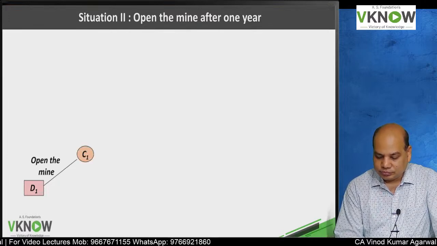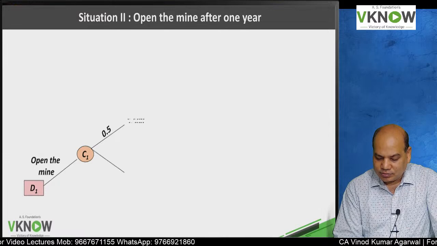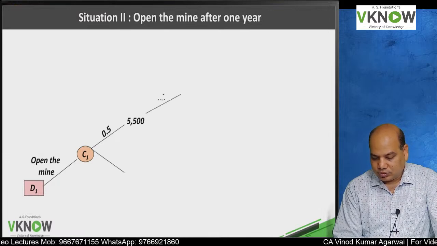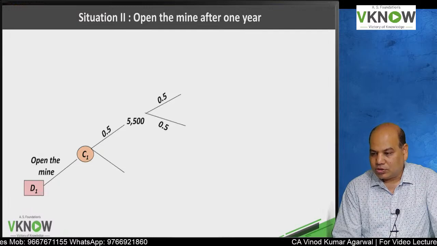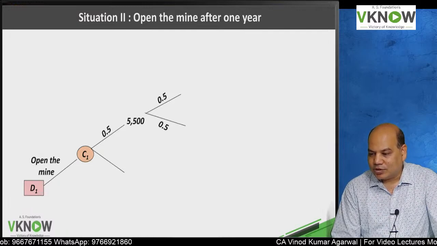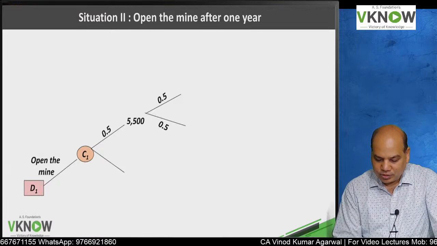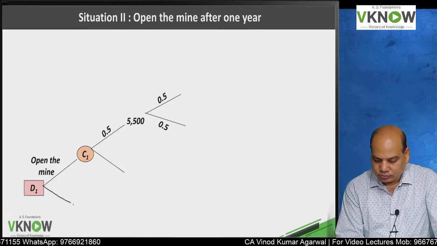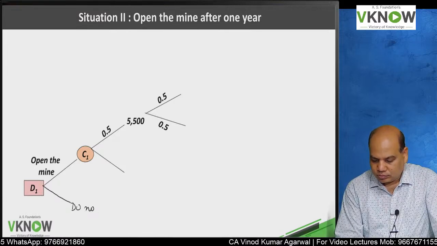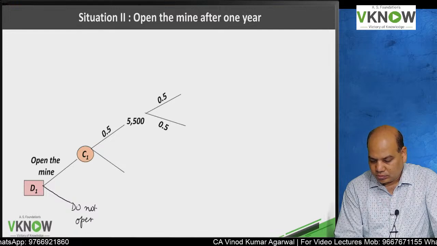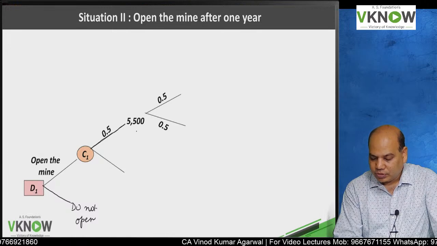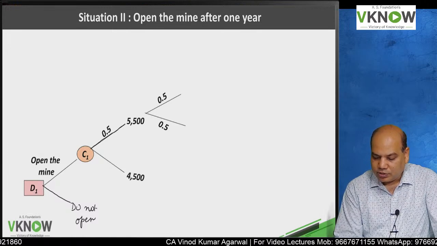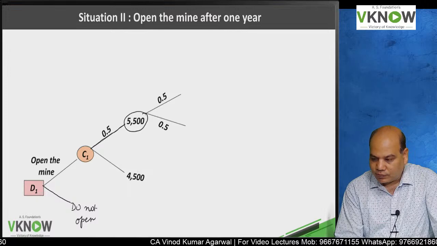So now draw the diagram first. We have 2 options. One is to open the mine, one is not to open the mine. If we wait, we'll wait for a year, when the price will be 5,500 or 4,500.